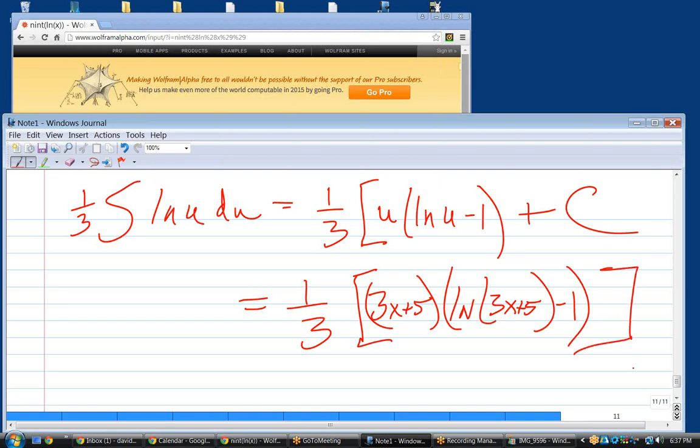And then the c I don't need because we're actually dealing with a definite integral. So I'm going to evaluate this thing from 2 to 4.